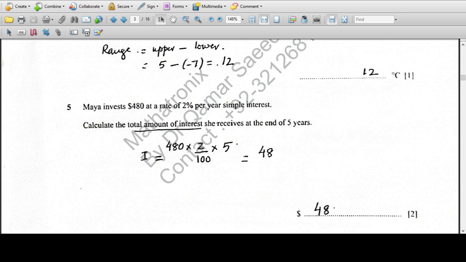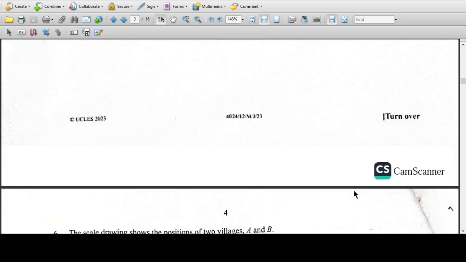So P, R and T. So we'll get the interest. So 480 times 2 upon 100 times 5. So on simplification, this interest is obtained as $48.